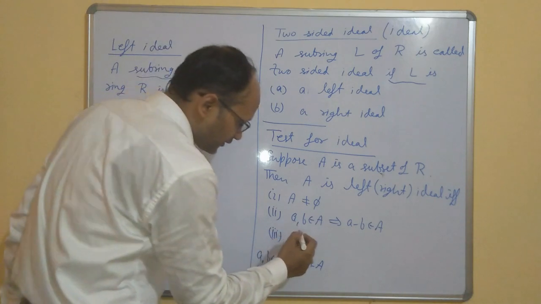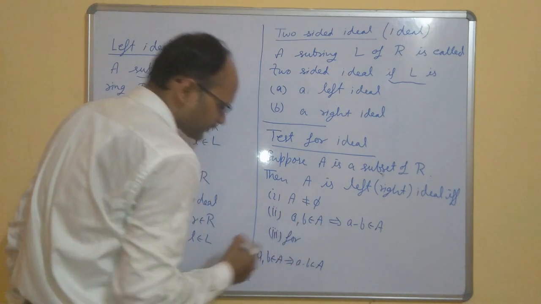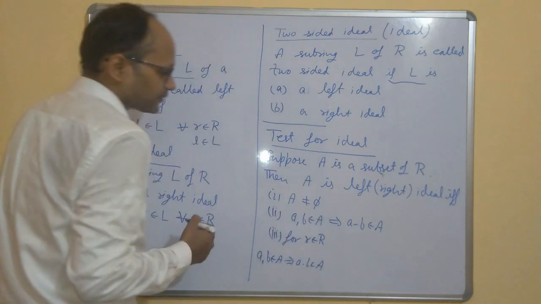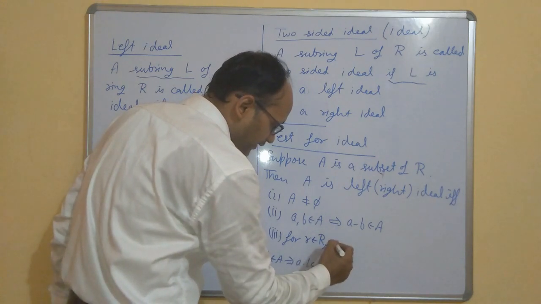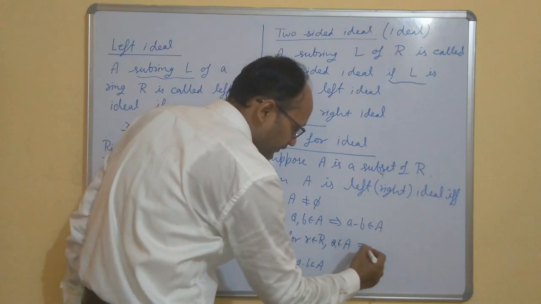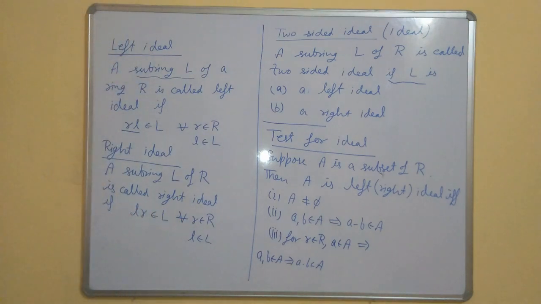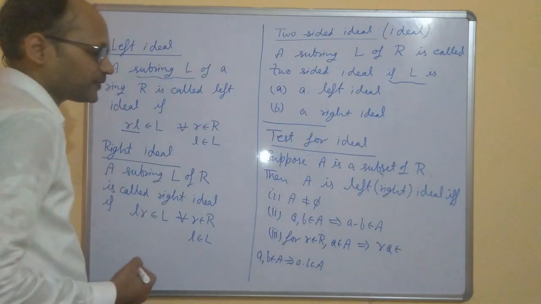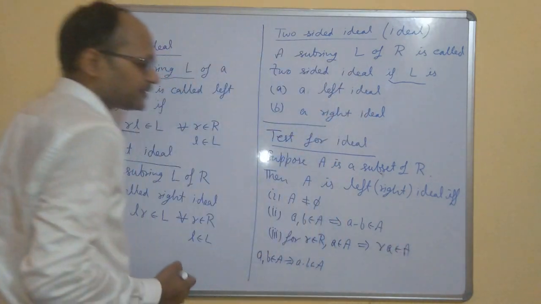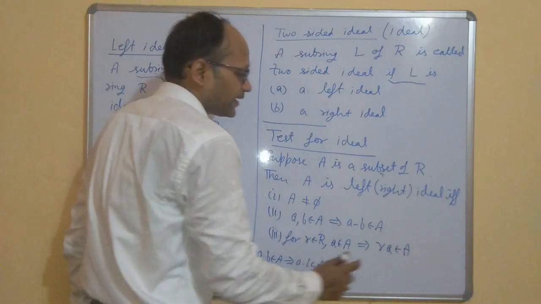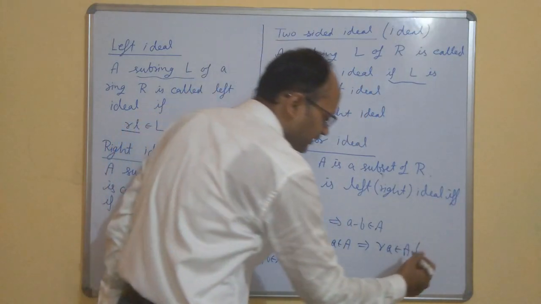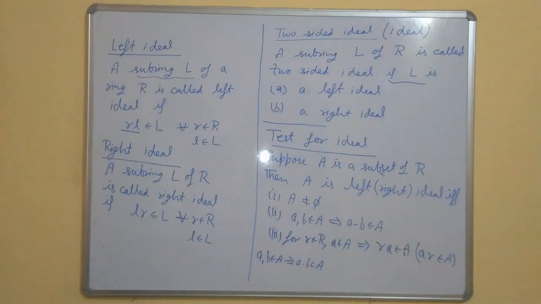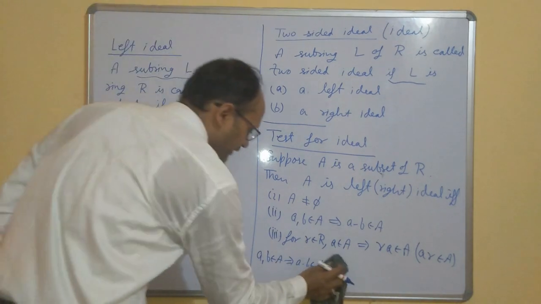So for r in R and a in A, this should imply ra should be in A, and this is a condition for left ideal, and I am writing for right ideal in bracket, ar is in A. So if this condition holds, then we say the subset A is an ideal.